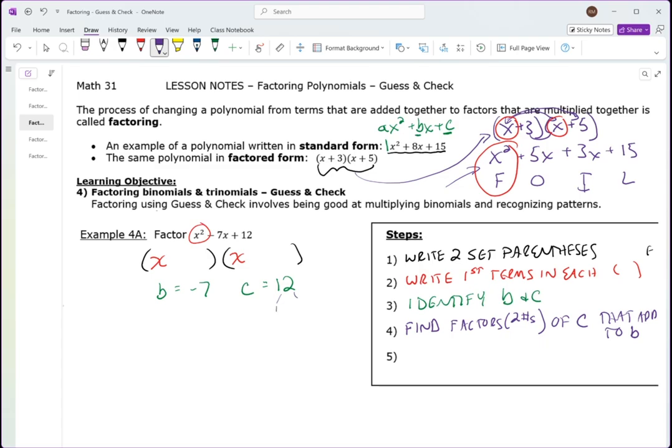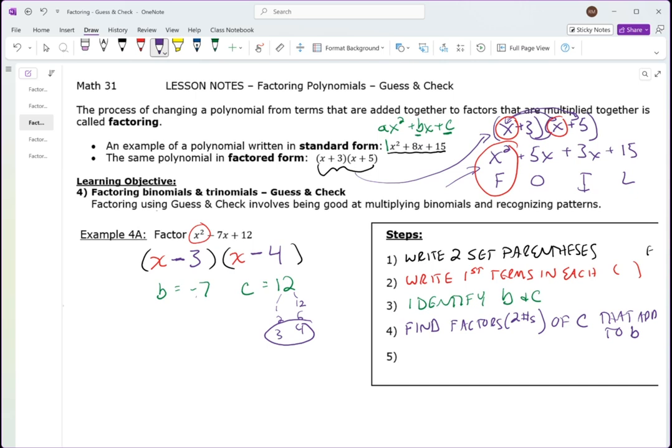I know that I have 1 and 12, 2 and 6, 3 and 4. I know that one of these is going to have to be negative. In this case, I know that both of them are going to have to be negative. 3 and 4 multiply to be 12, but they wouldn't add to be negative 7, so I'm going to guess that these will be negative. Now, I could make other guesses. I could guess that one's positive and one's negative and so forth.